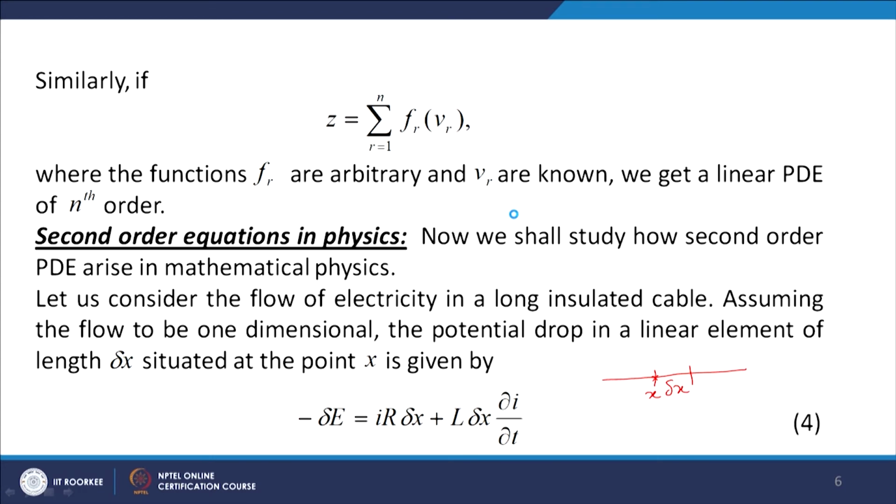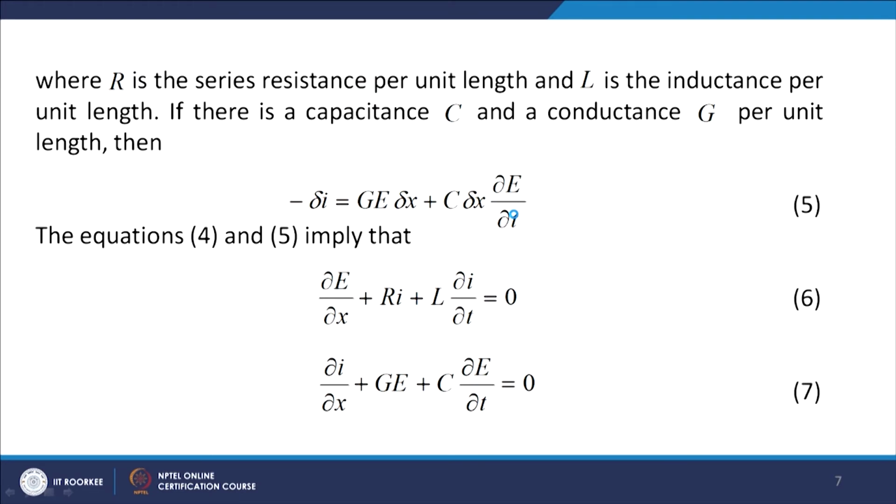This equation is also divided by delta x, letting delta t go to 0 so that delta x also goes to 0. So we have delta I by delta x equal to G E plus C times delta E by delta t.